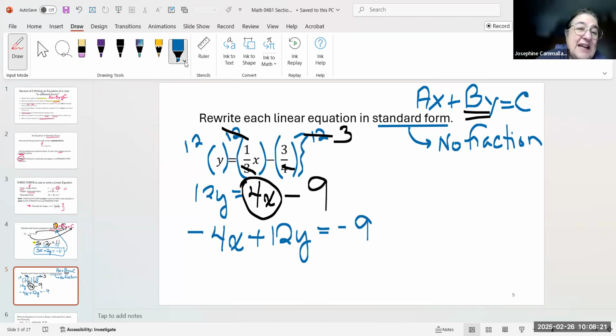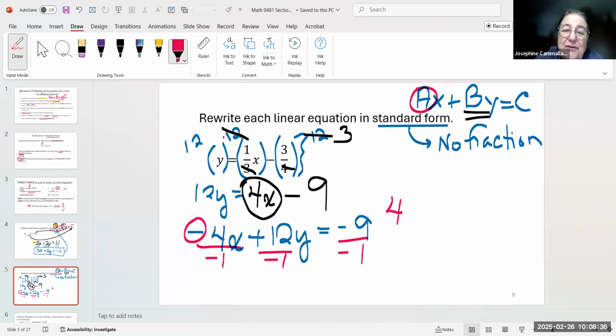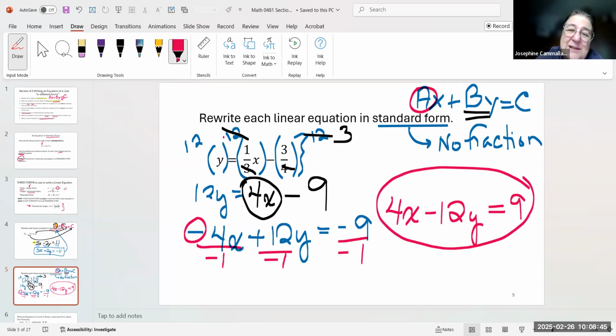But remember, this a term can't be negative, which means I'm dividing everything by negative 1. This will give me 4x minus 12y equals 9. This is my equation in standard form. No fractions, no decimals.